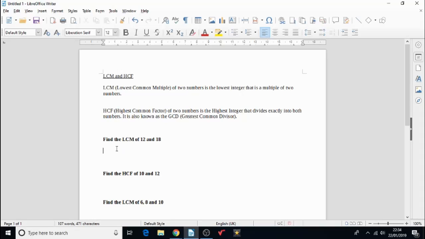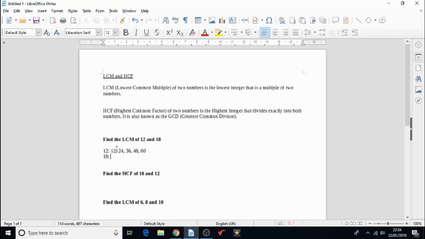You can just write out all the multiples of 12 and all the multiples of 18, and find the first multiple that is in both. So for 12, it'd be 12, 24, 36, 48, 60.